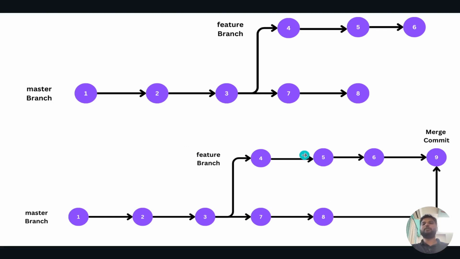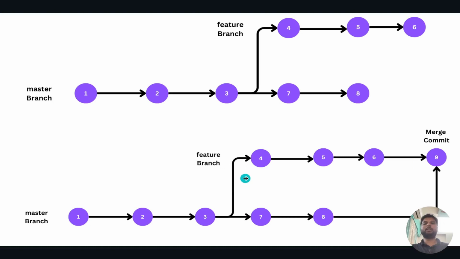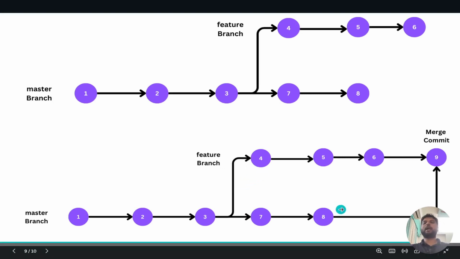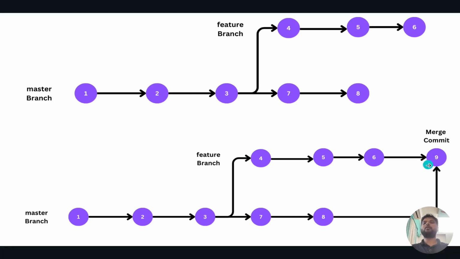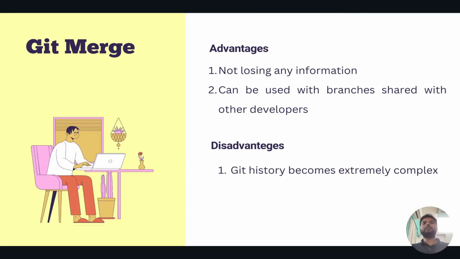Rebasing will change the base of the feature branch to the latest master commit, but merge will make a merge commit inside the feature branch only, right? It won't change any base or do anything extraordinary. It will just add a merge commit inside a feature branch, and that merge commit will contain all the updated records of master. So now let's look at what are the advantages and disadvantages of Git merge.